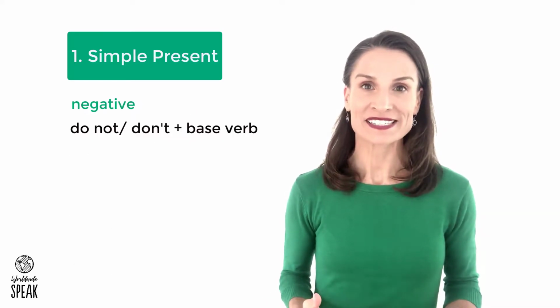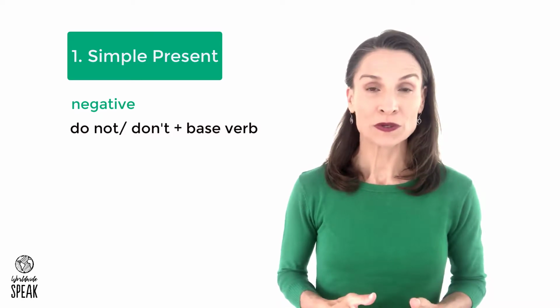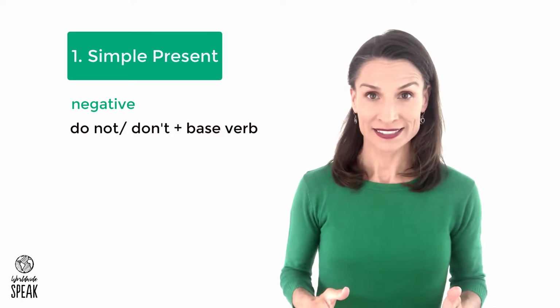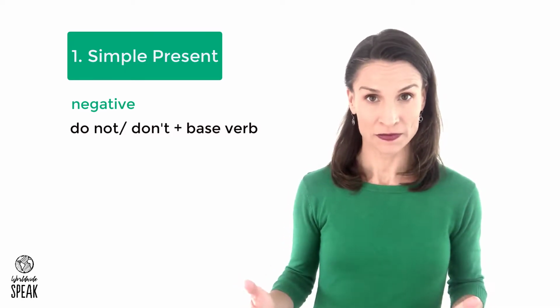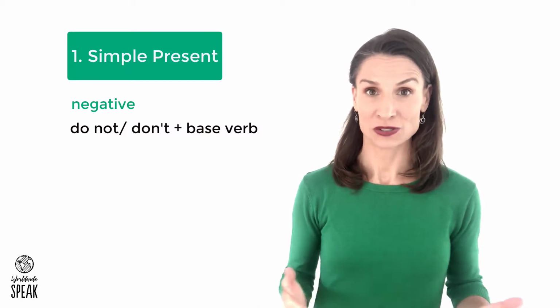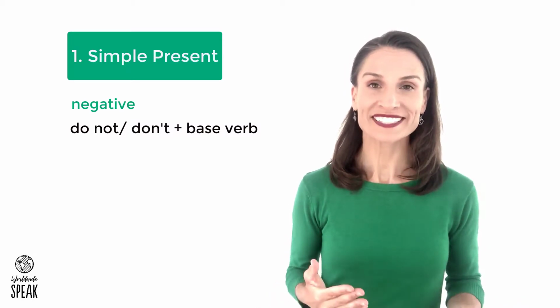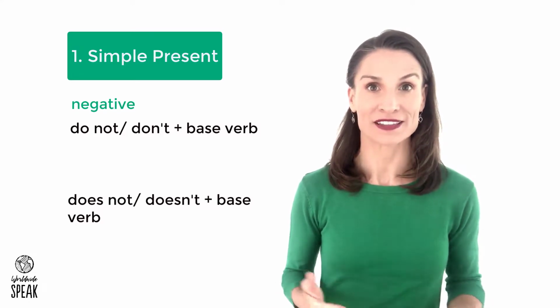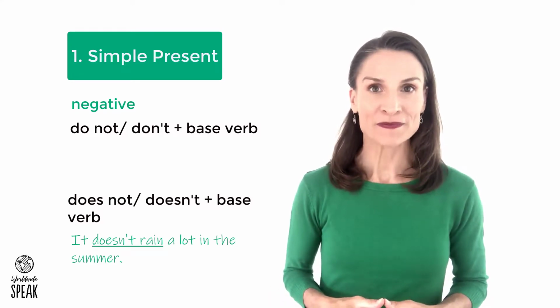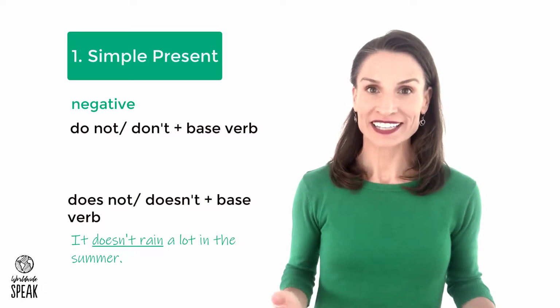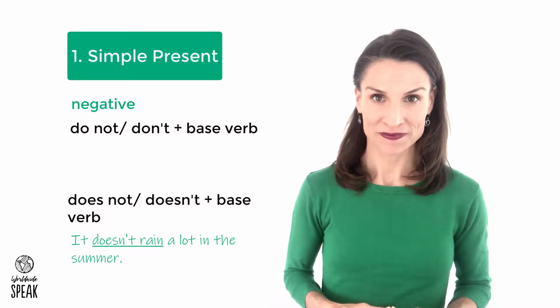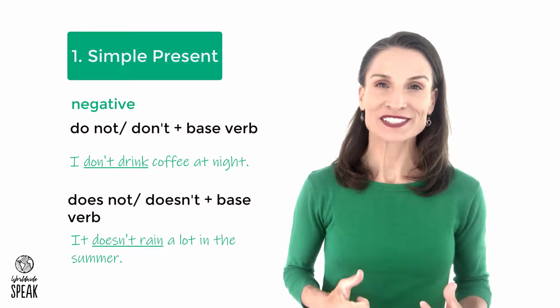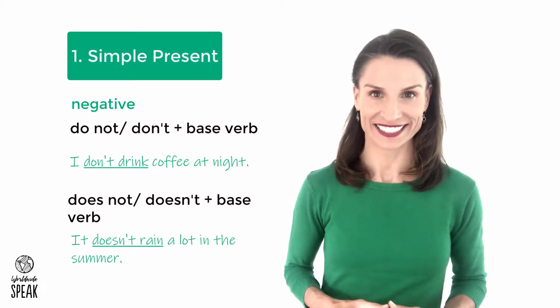To make the present simple negative, we will use do not plus our verb, or the contraction don't, or does not, or doesn't plus the verb. For example, it doesn't rain a lot in the summer. I don't drink coffee at night.